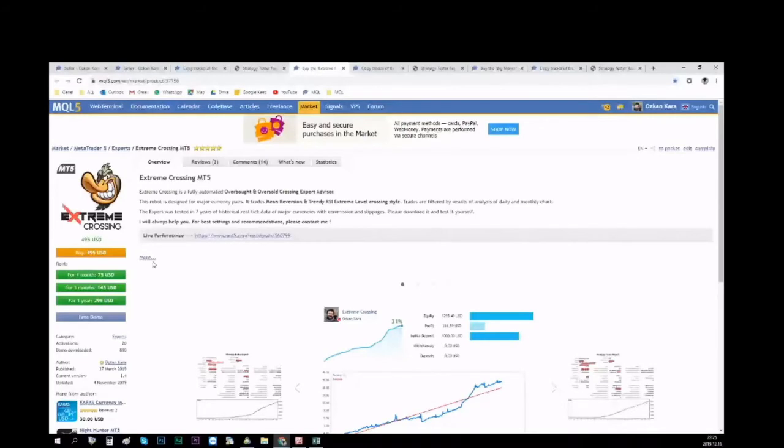For example, when you see these higher levels, it's always giving you a good chance to enter sell positions. And that's the basics of this extreme crossing. I'm working with euro dollar, pound dollar, and dollar yen, because I'm looking for major currencies for this strategy.